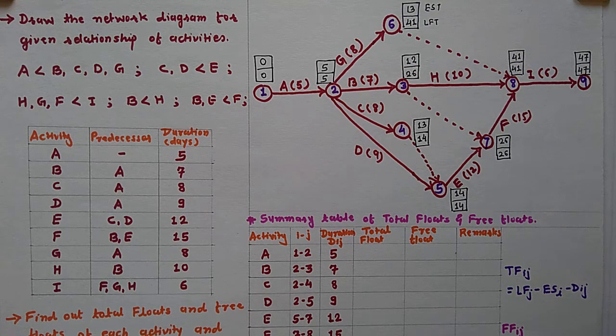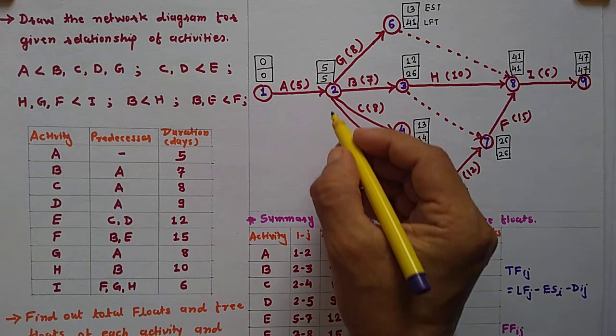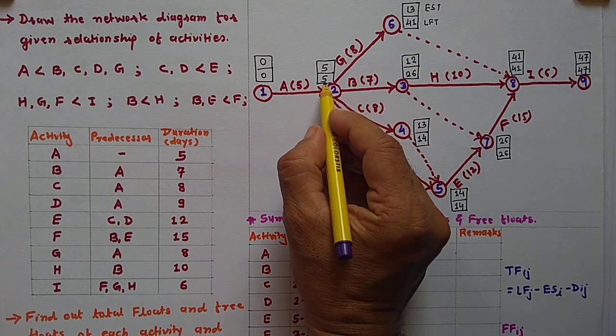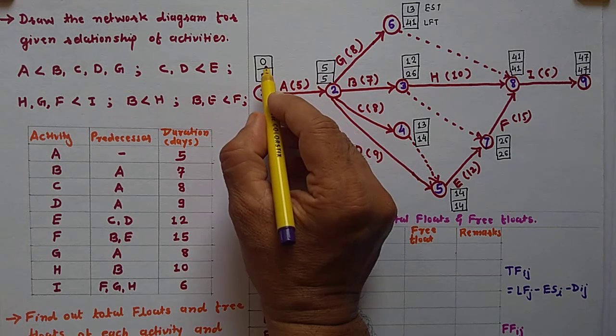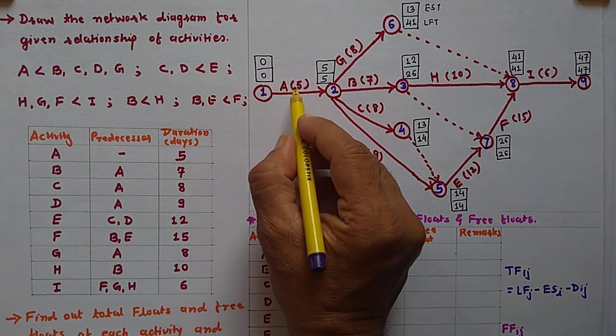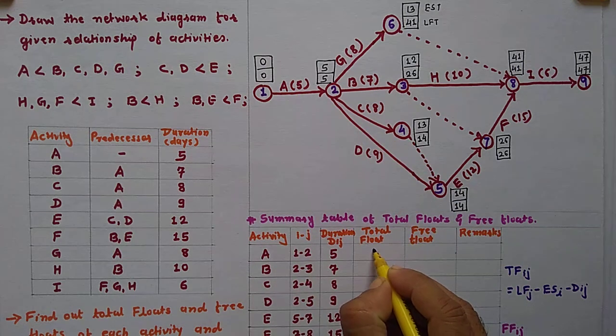For activity A, 1 to 2, the latest finish time of head event is 5, minus earliest start time of tail event 0, minus 5, which is equal to 0.